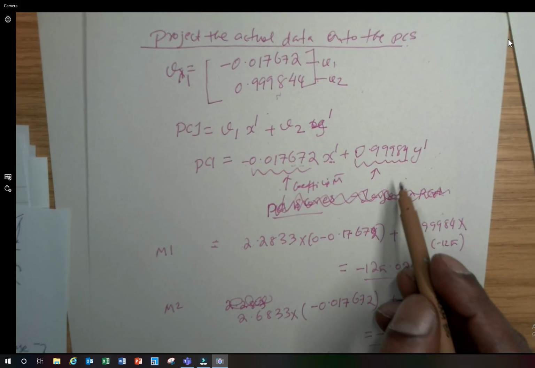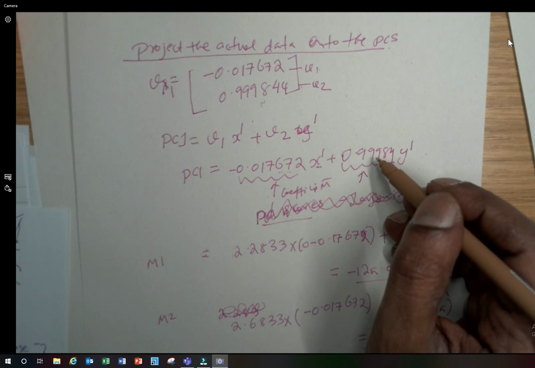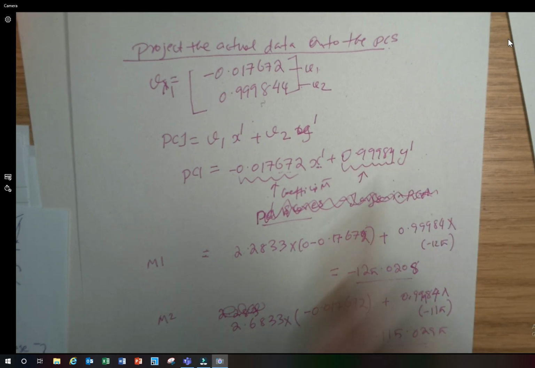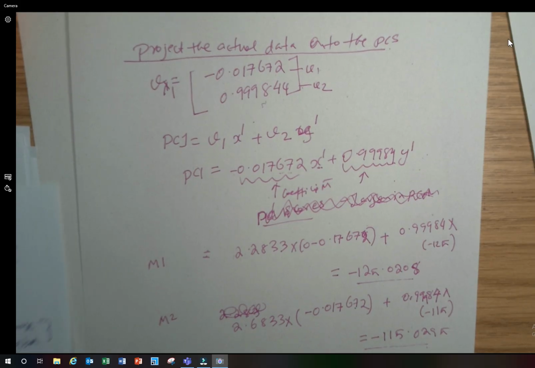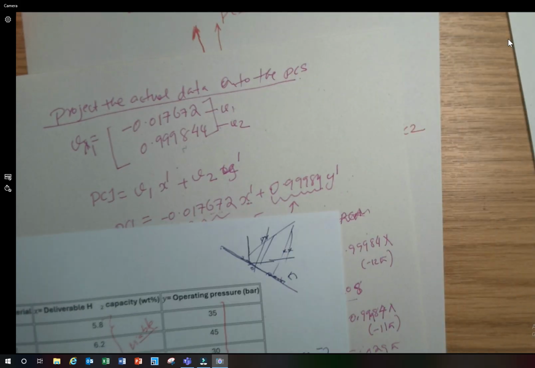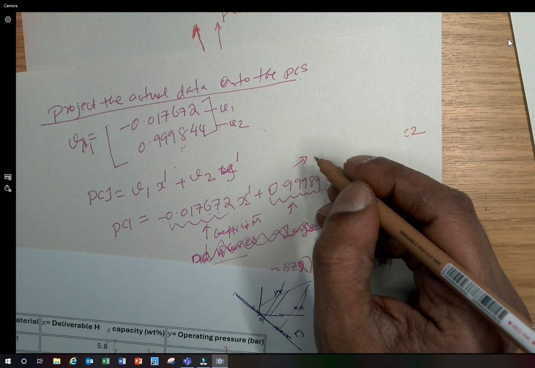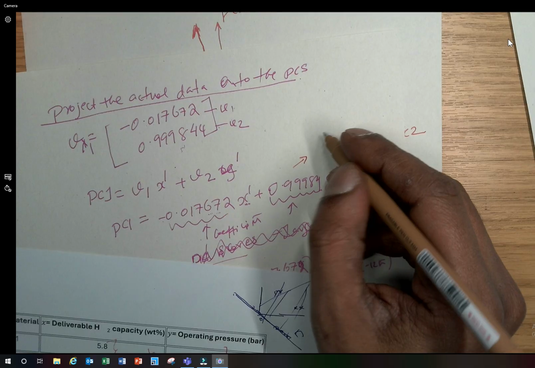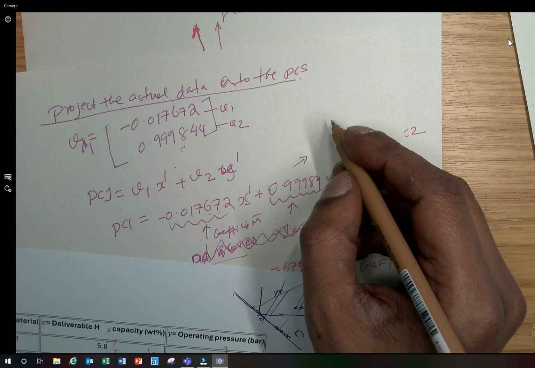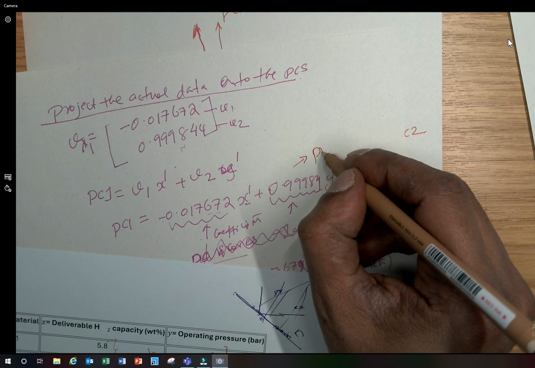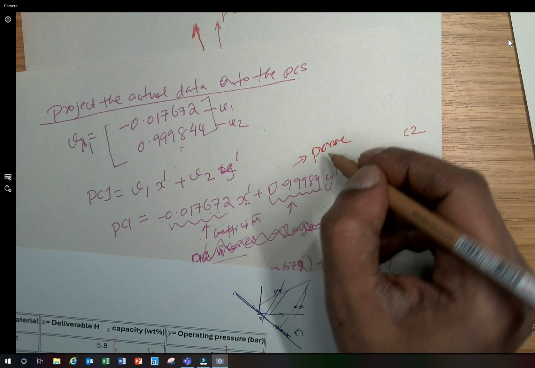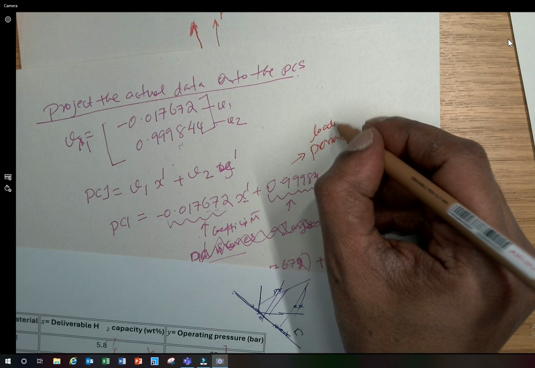What does this mean actually? The 0.9984, if you go back to the original data, the second coefficient talks about the pressure, something like the loading of the pressure maybe.